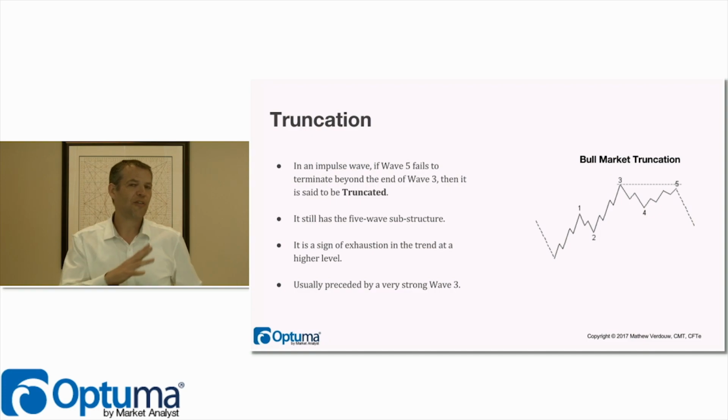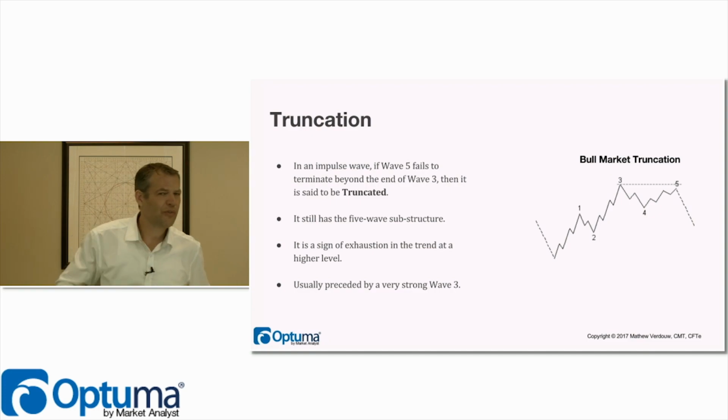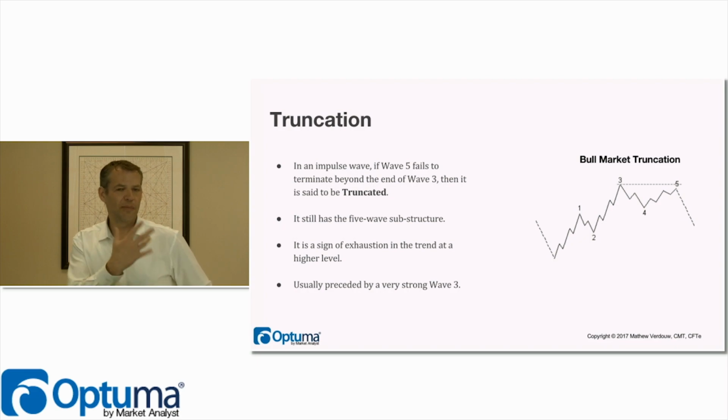So we get this situation where it goes up, wave 3 was really clear, we get our corrective wave, wave 4 out of that, and then wave 5 happens, but it doesn't create a new high. That's fine. It still falls within the range of the Elliott definition, still has the 5-wave substructure that we would expect to see in there, but it just didn't make it out.